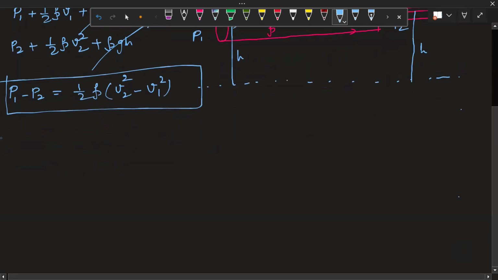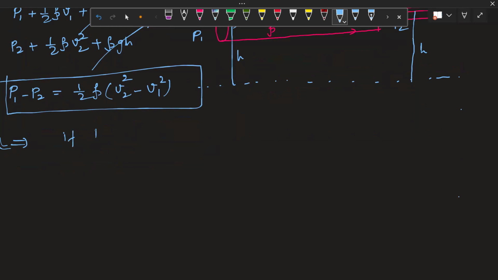So here you can observe one thing: left side is P1 minus P2, right side is V2 square minus V1 square. So if P1 is greater than P2, this will be positive, so V2 will be greater than V1.